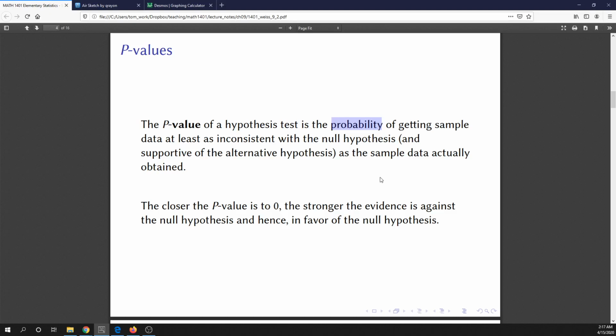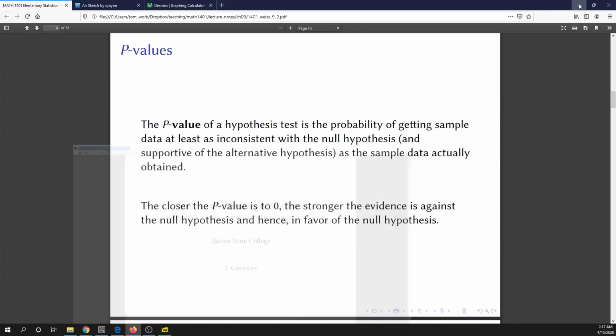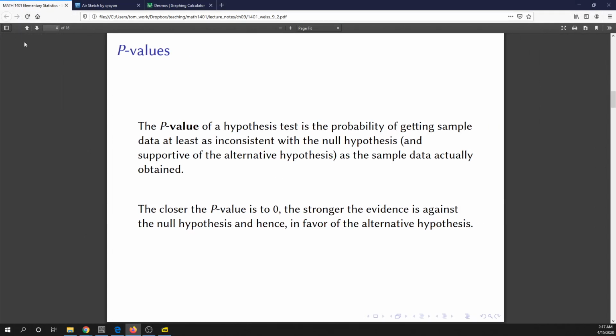So when you take a sample, a couple of things might happen. Number one, you might get a sample mean that is pretty close to the population mean.